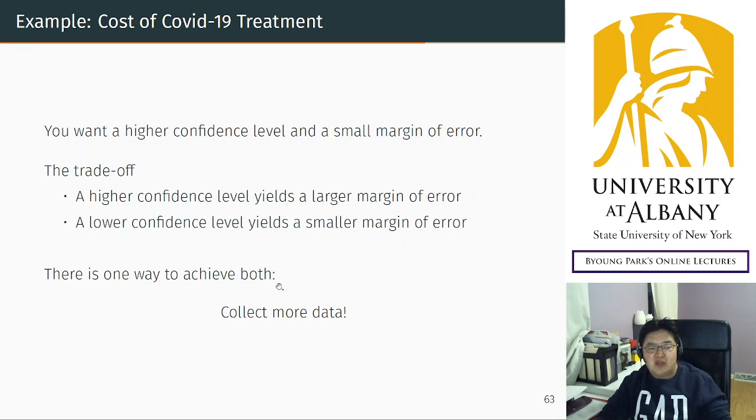So by the way, to do this, of course, this is related to experiment design or survey design. So before starting the analysis, before collecting the data, you have to think about the accuracy that you want to achieve. That's what we are going to do.